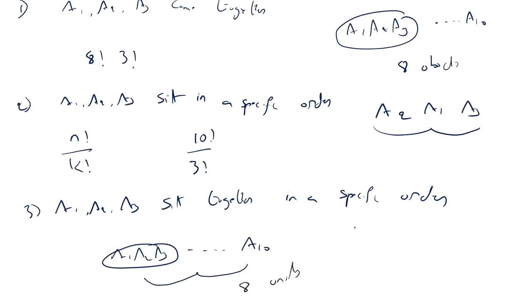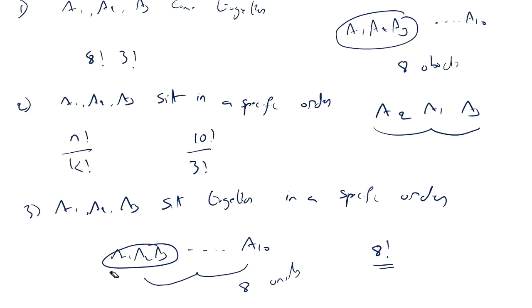I can arrange these 8 units in 8 factorial ways. But after arranging these 8 units, in this unit consisting of A1, A2, A3, I am not supposed to arrange A1, A2, A3 in whatever manner I want. So I have to follow only this specific order.